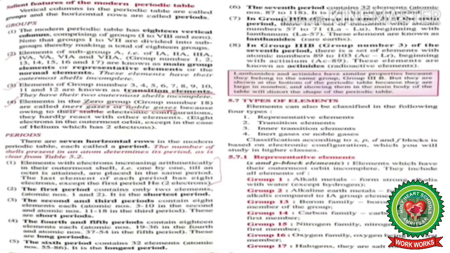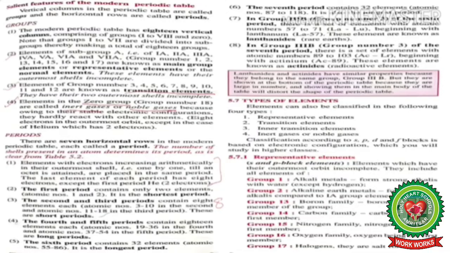Secondly, the first period contains only 2 elements, atomic numbers 1 and 2. It is the shortest period. The second and the third periods contain 8 elements each, atomic numbers 3 to 10 in the second and atomic numbers 11 to 18 in the third period.